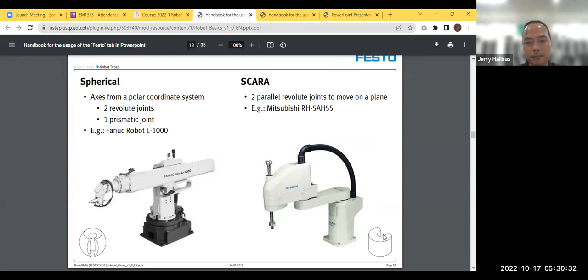So that's why nindot ni siya for pick and place, mas paspas siya as compared to articulated. But the articulated na arm is more flexible. Whereas this SCARA only has two parallel revolute joints. Dili siya ka-move freely. No? Kuan siya naka-parallel ang iyang joints.